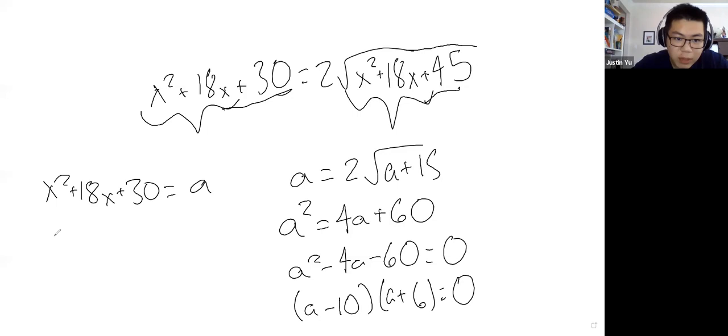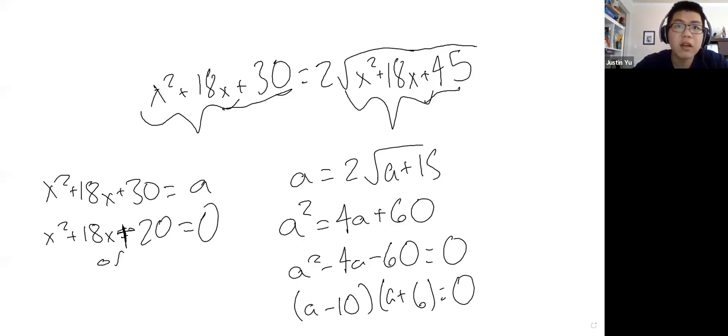So we know by plugging this in, x squared plus 18x plus 20 is equal to 0, or x squared plus 18x plus 36 is equal to 0.